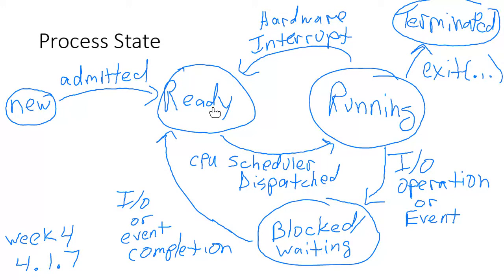Now, in order for the operating system to have at its disposal a quick and easy way to get at all the processes that are in the ready state, you need to implement within your system in some way a data structure to provide that list or group of processes in the ready state.